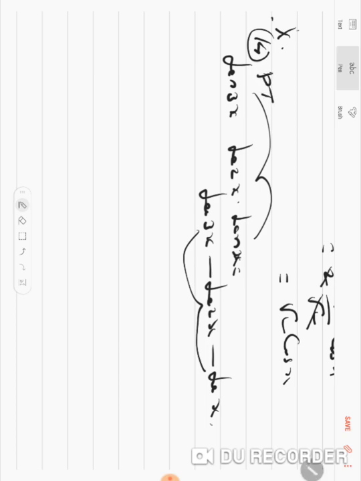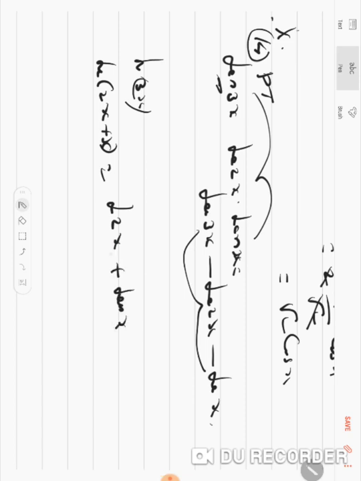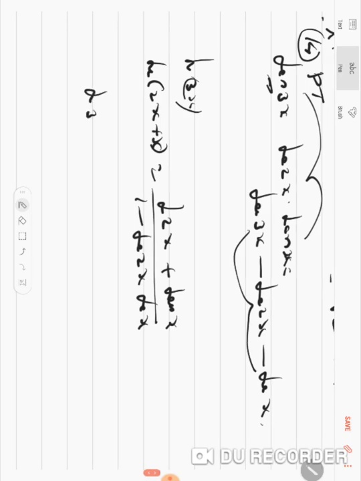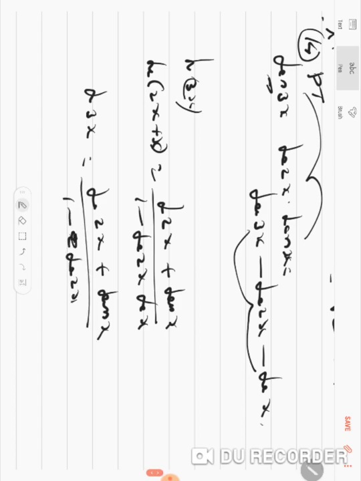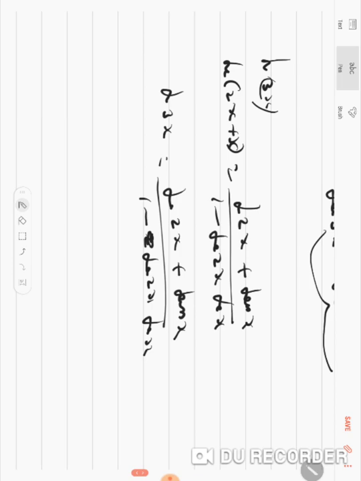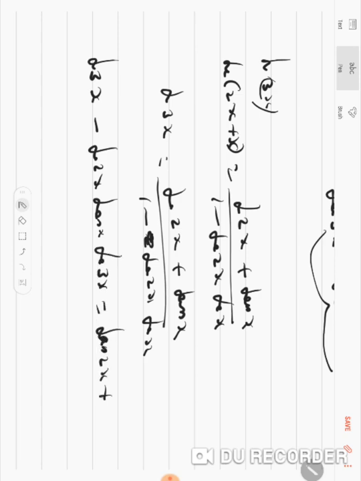Remember, similarly you have to take tan 3x, the highest one here, and write it as tan of 2x plus x, which is tan 2x plus tan x by 1 minus tan 2x tan x. Retain the left hand side as tan 3x only, so that you can cross multiply. Tan 3x minus tan 2x tan x tan 3x is equal to tan 2x plus tan x.